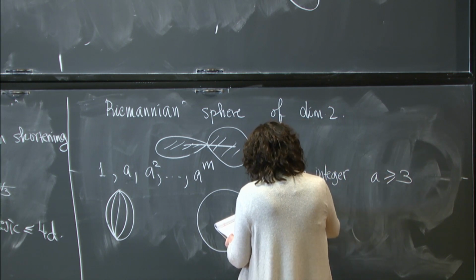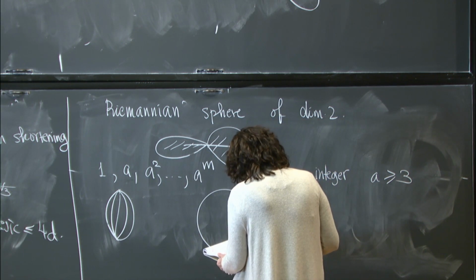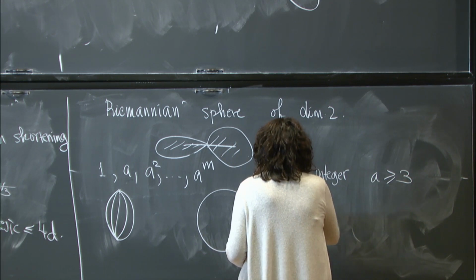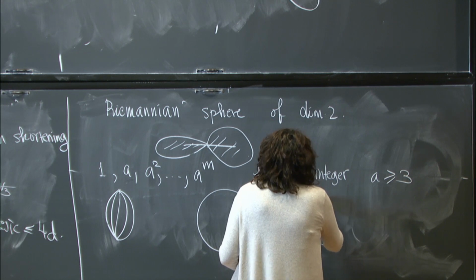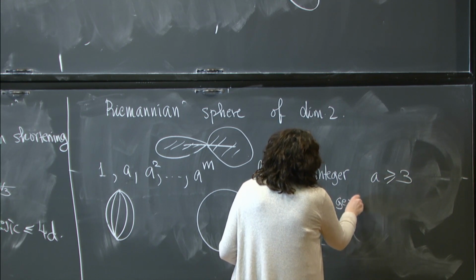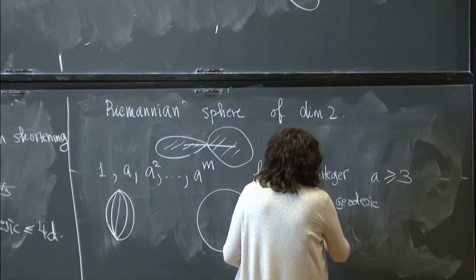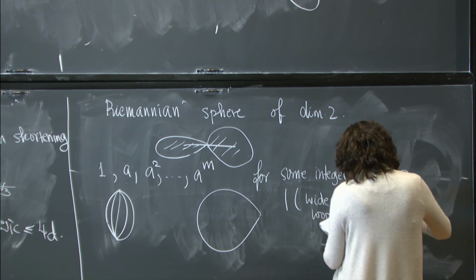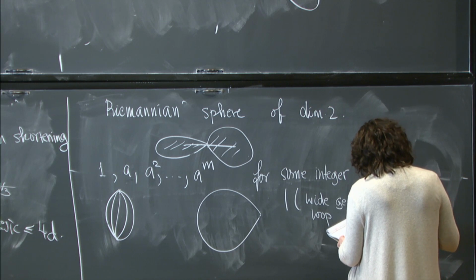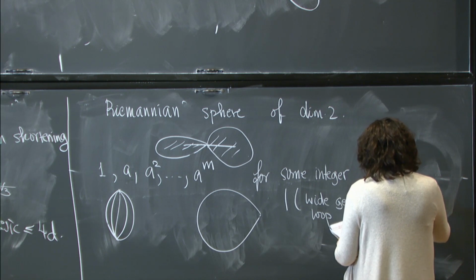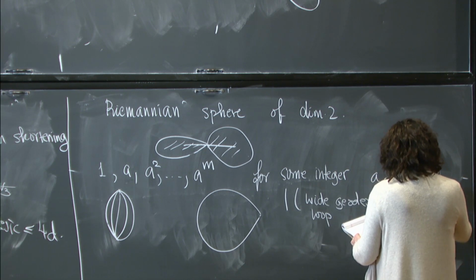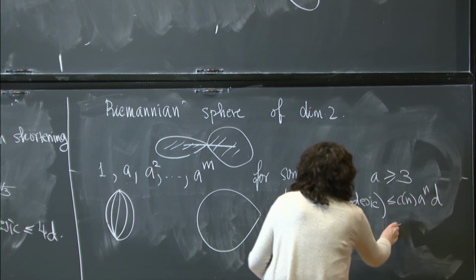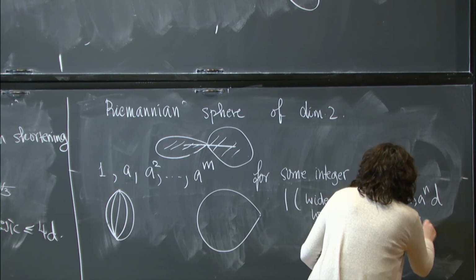So you can get something like this, right? That the length of a wide geodesic loop is bounded by C of n, or you can get a similar bound in terms of volume.